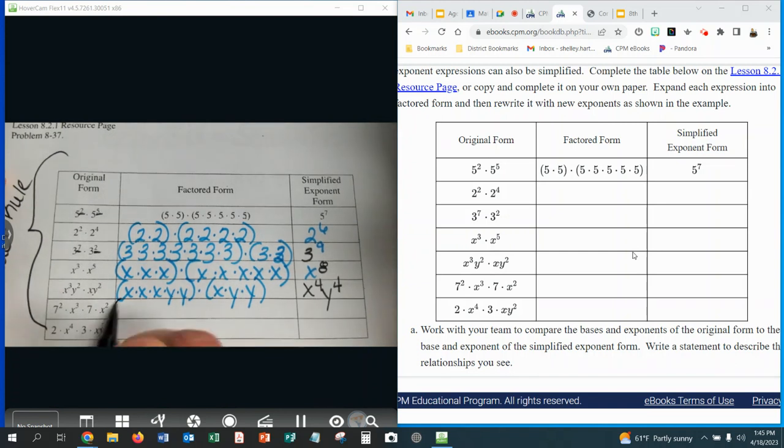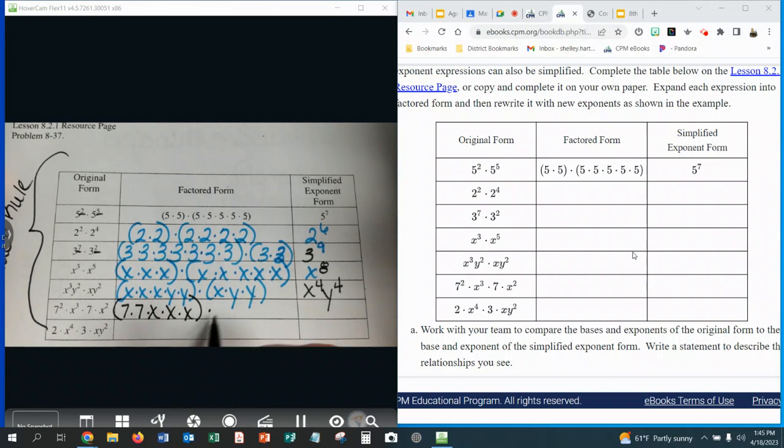So we've got 7 times 7 times x times x times x times 7 times x, right? I got the x's from here and here. So we have 3 on this side, 2 on this side. We have 2 7s and then 1 7.